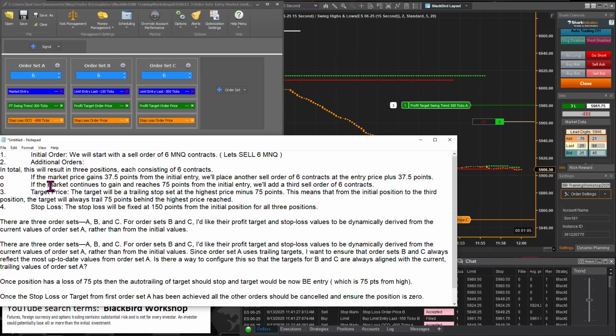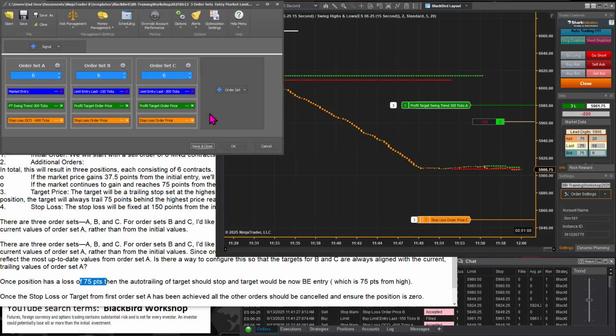Because our entry order for C is at 75 points, so this value and this value match up here.